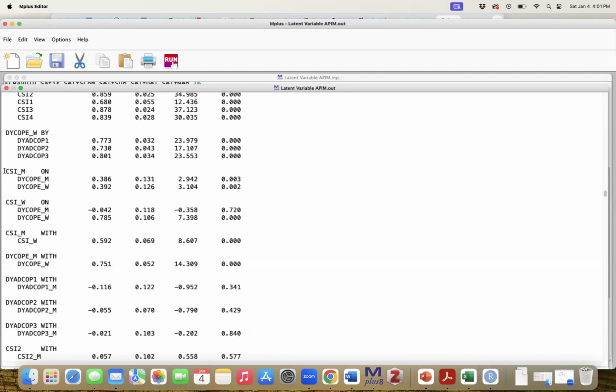So just eyeballing it, the regression coefficient is 0.386, and then here it's 0.785. This is an exceptionally large regression coefficient. And it's actually very characteristic of the association between dyadic coping and relationship quality. But these look fairly different.